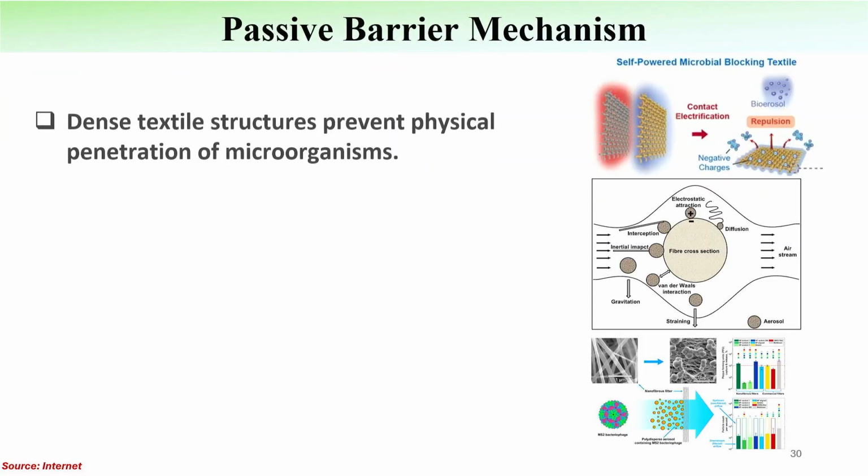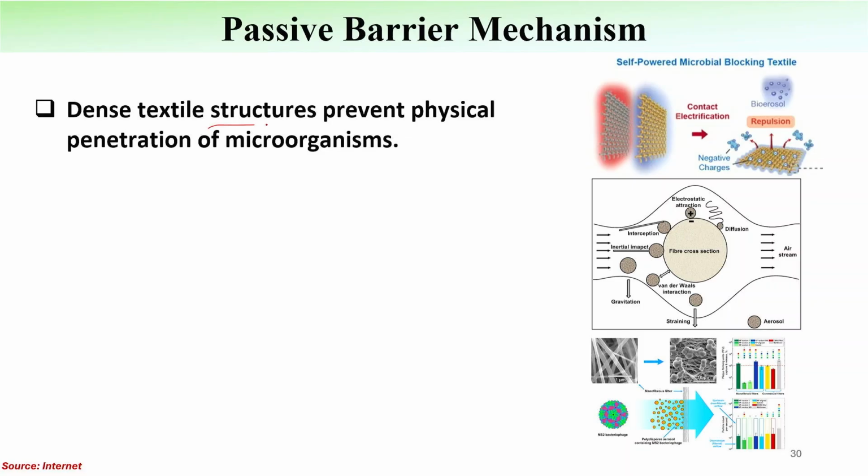Passive barrier mechanism is actually a dense textile structure that prevents the physical penetration of microorganisms. If we create a dense structure with woven or non-woven material, the microorganisms, maybe virus or bacteria, will be physically stopped, physically prevented from penetration.